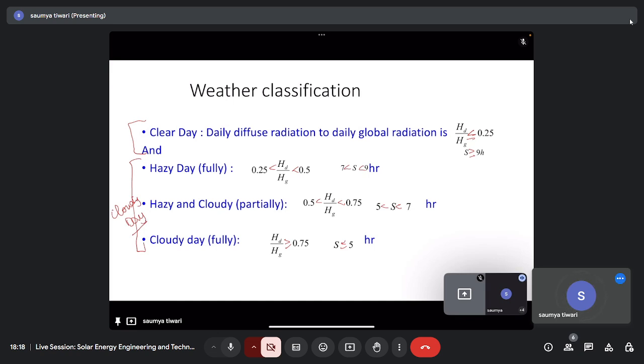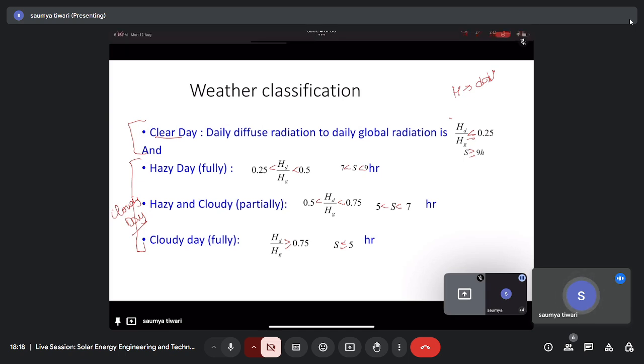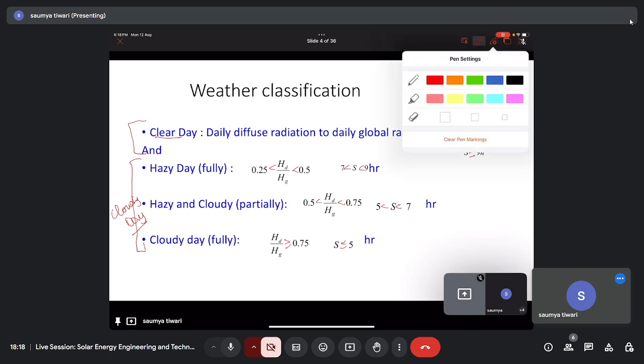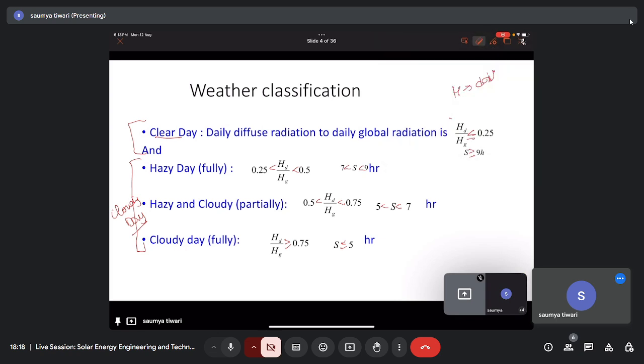Your daily diffuse radiation to daily global radiation, so this factor Hd by Hg. When you see the notation, H is for daily, if you remember the notation, and I is for hourly.